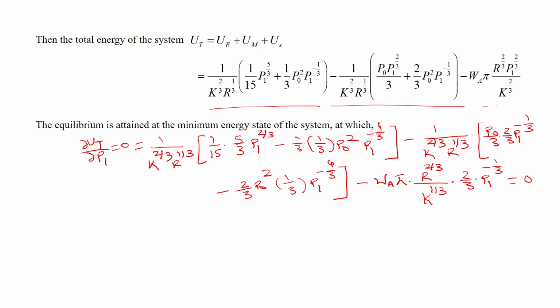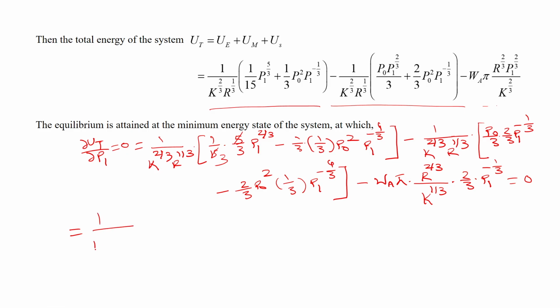And now, let us further simplify this equation. Here let us say we multiply by 2 by 3 into r to the power 1 by 3. Sorry, it is 3 here, this is 15, this is 5, 3 here, so it is 1 by 9. Let us see once again what happens here.